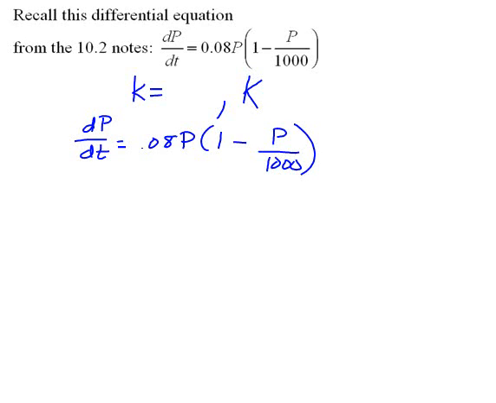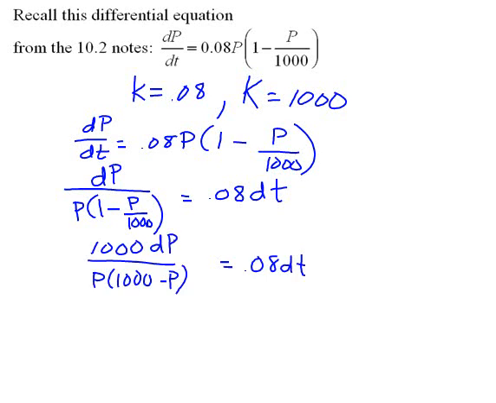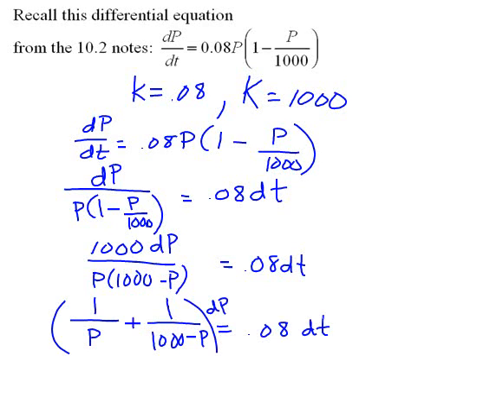Now let's look at a solution for that logistic equation from the previous lesson. Notice that the growth rate is 0.08 and the carrying capacity is 1,000. Multiply and divide to separate, and multiply the left side by 1,000 over 1,000 to simplify the complex fraction. Partial fraction decomposition will result in 1 over p plus 1 over 1,000 minus p.